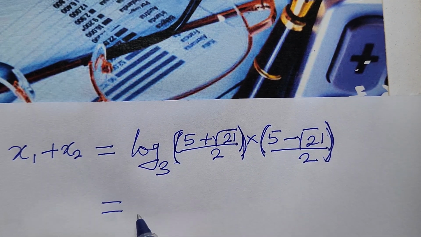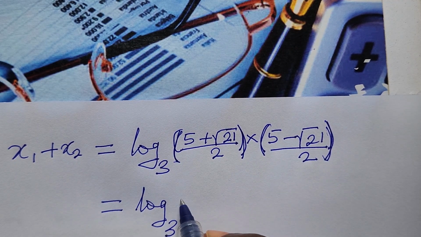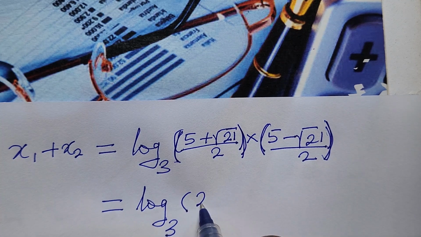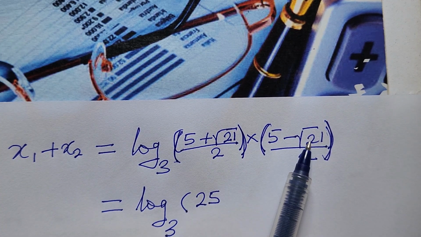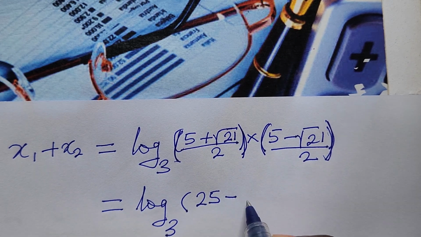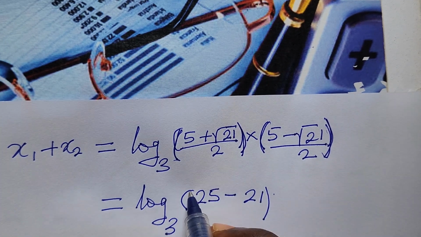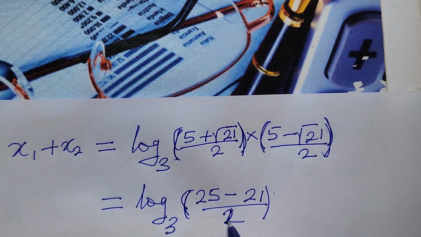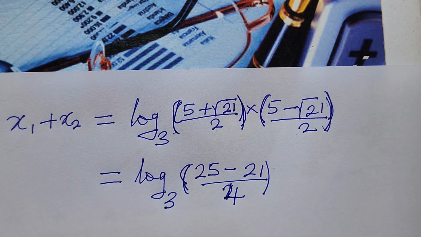So this is going to give us log base 3, okay? Then 5 times 5 will give us 25. Again, because this is the conjugate of this, we're going to take this and this, so this is going to give us minus 21, all over 4, because we're going to have 2 times 2, which is 4.